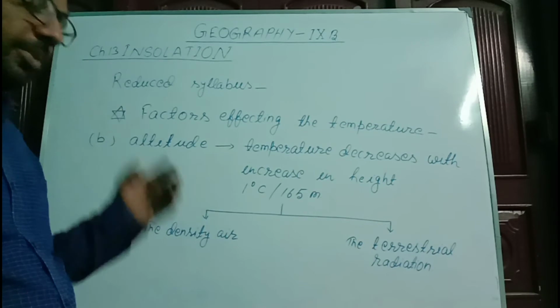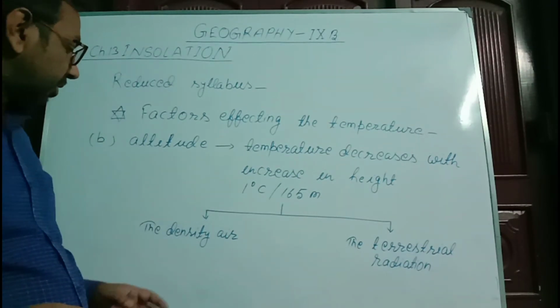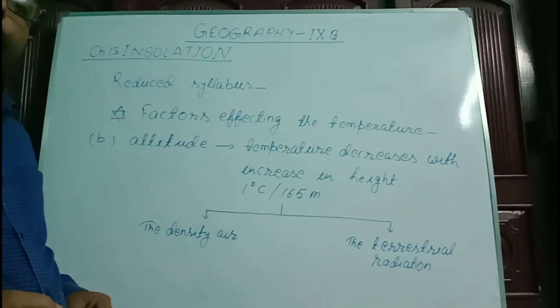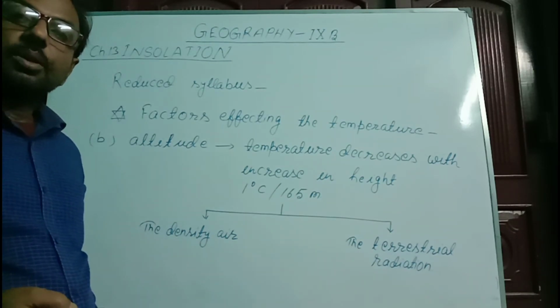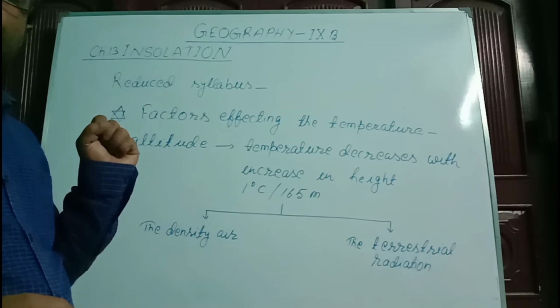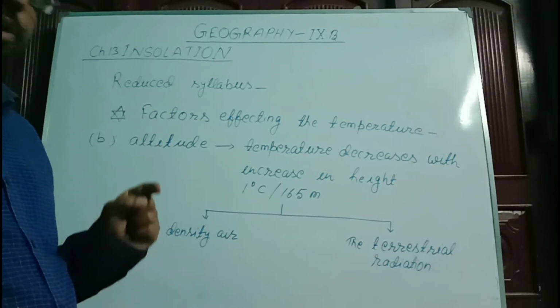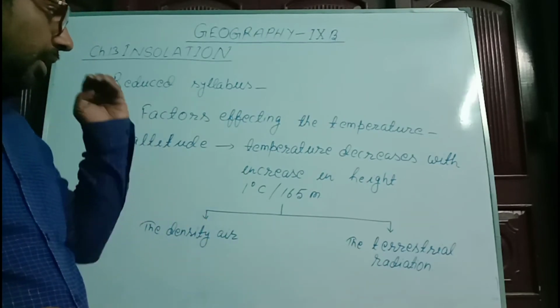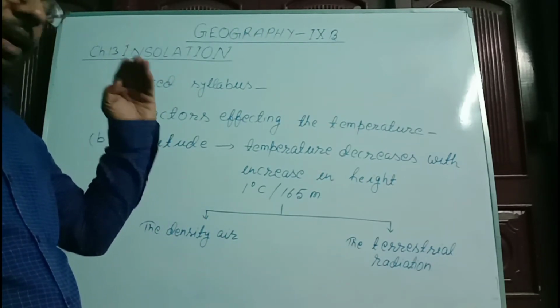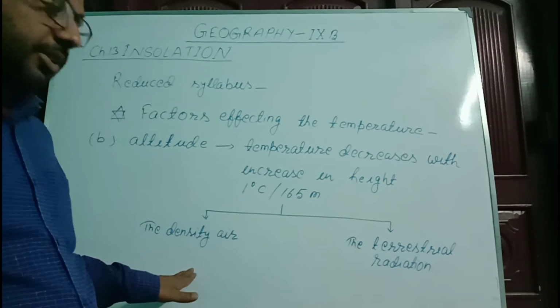There are two reasons behind it. First is, above the sea level, the density of air decreases. So the amount of absorption of the solar radiation also decreases. So in the upper layer, or we say at height, temperature decreases.